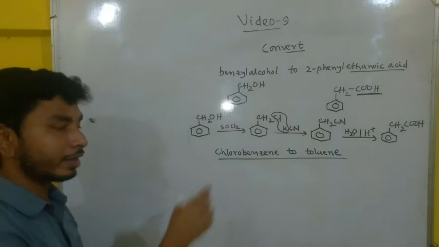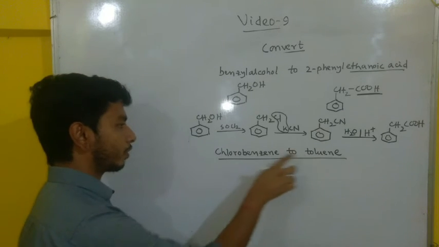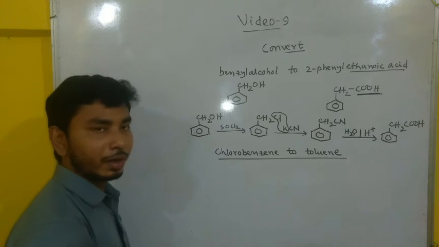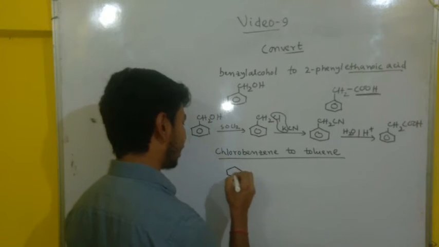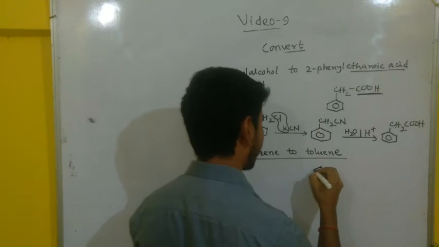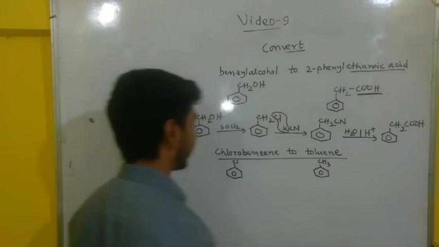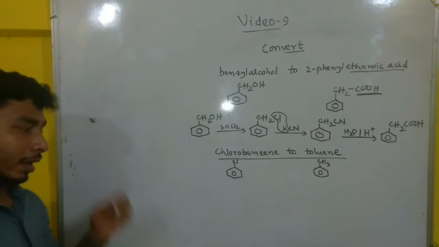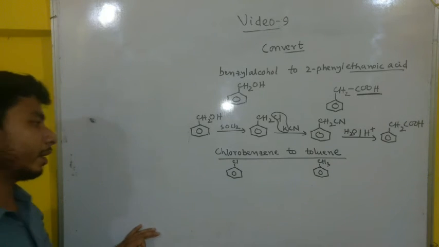Now this reaction is the Wurtz-Fittig reaction. Chlorobenzene to toluene can be converted by the Wurtz-Fittig reaction. Chlorobenzene is written as benzene with Cl, this is chlorobenzene. Toluene is benzene with CH3, this is toluene. So chlorobenzene can be converted to toluene by the Wurtz-Fittig reaction.